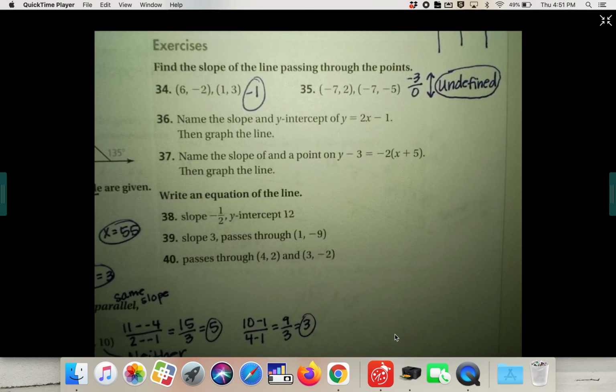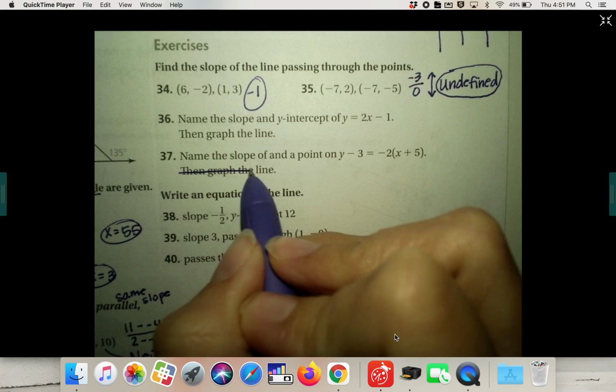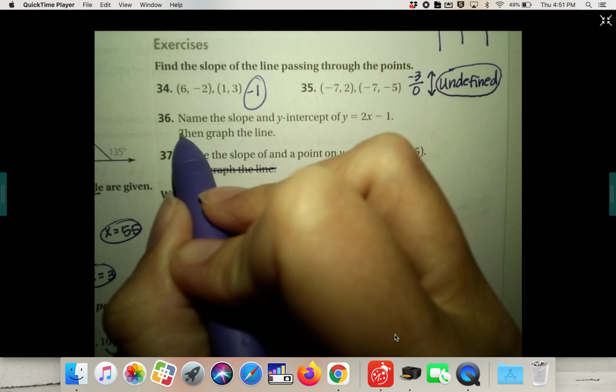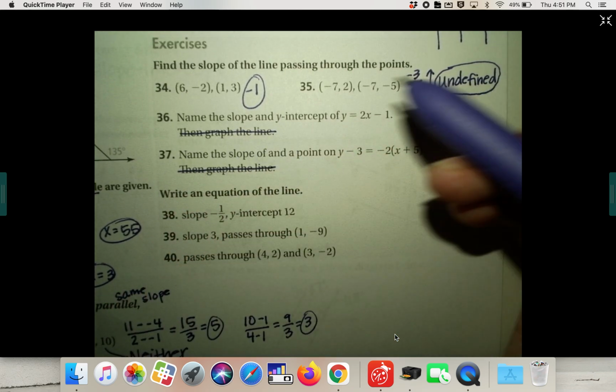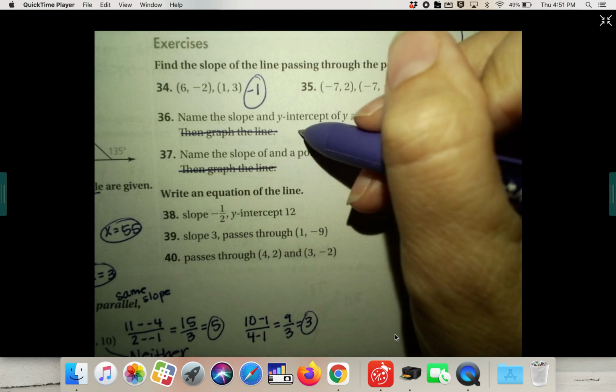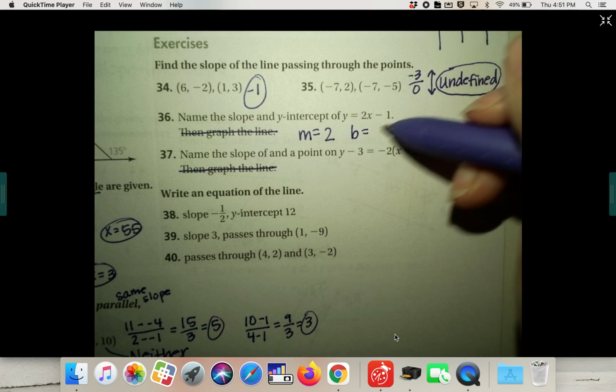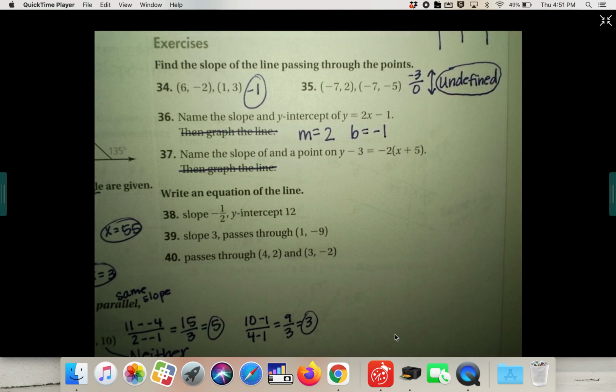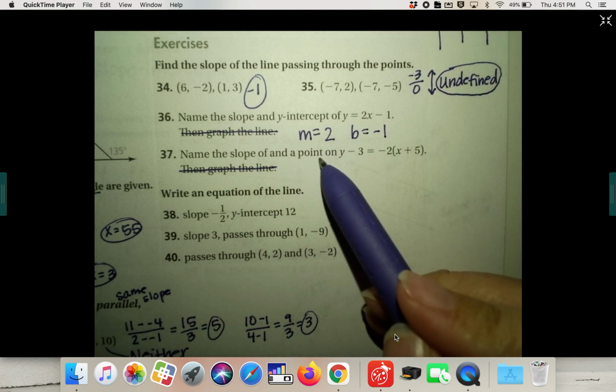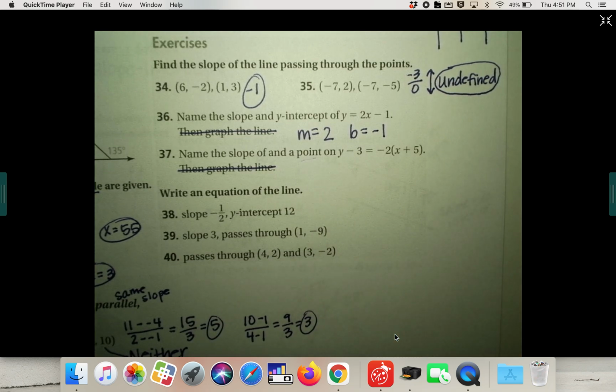All right, 36, we're not going to be able to then graph the line because I didn't give you graph paper. Same thing here, so just name the slope and y-intercept. The slope m is 2, and the y-intercept, which is b, is negative 1. The slope and a point, that's back to point slope form.